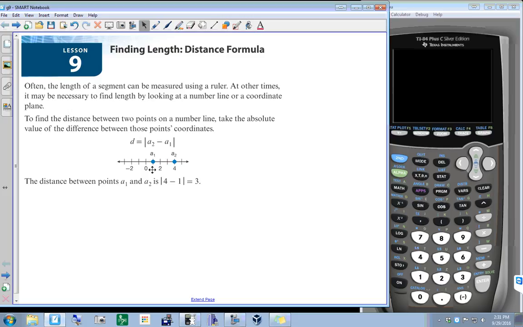So 4 minus 1 gives me 3 as the distance. What happens if I take 1 minus 4? That's right, you can't have negative distance. So that's where this absolute value sign comes in.